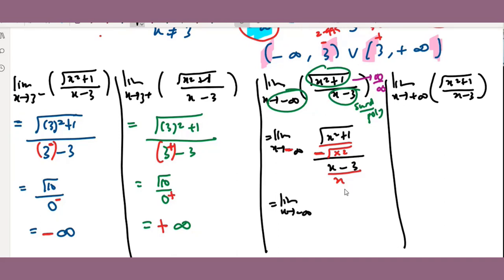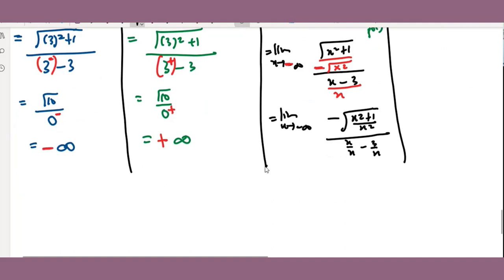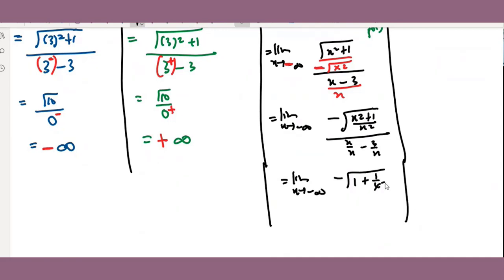And then the limit as x tends to negative infinity. This one I bring here. x minus 3 over x. Actually, you can skip this step. And it is equal to the limit, and then here is 1 plus 1 over x squared over 1 minus 3 over x.